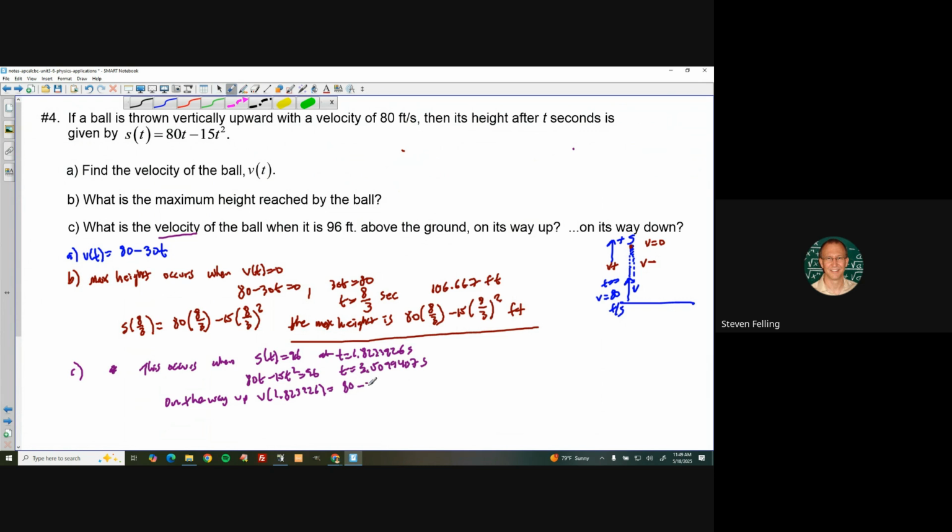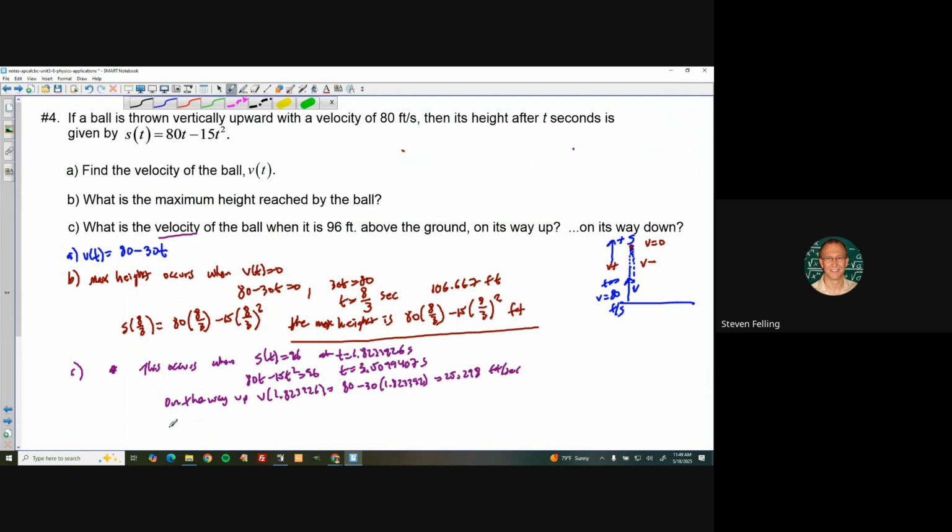It's 80 minus 30 times 1.823926. That ends up becoming 25.298, rounded, and the units would be feet per second, a speed unit.